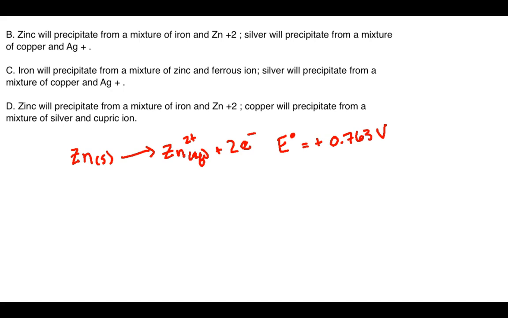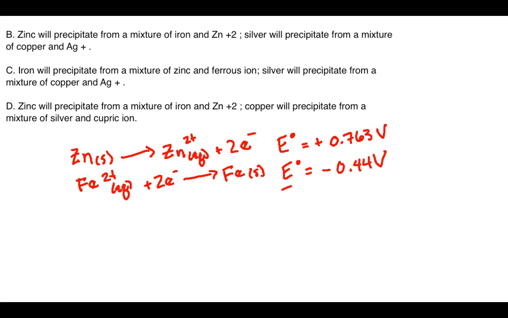Now the iron is going to be reduced, so I can keep the reduction potential value from that table. So I have iron 2+, aqueous, plus 2 electrons that it's receiving from the redox reaction, and then I have iron solid. Now this reaction is going to have the E cell of negative 0.44 volts.